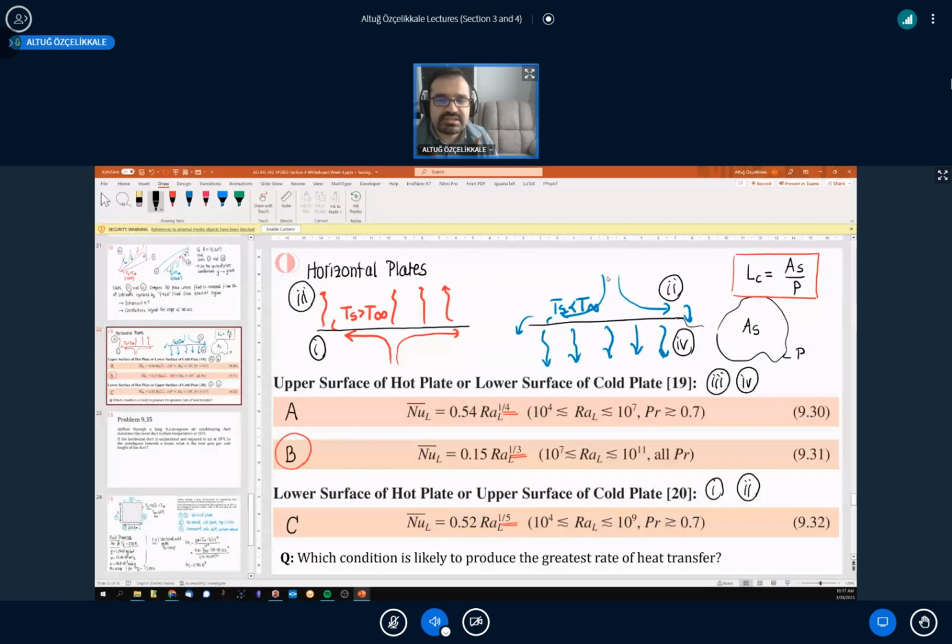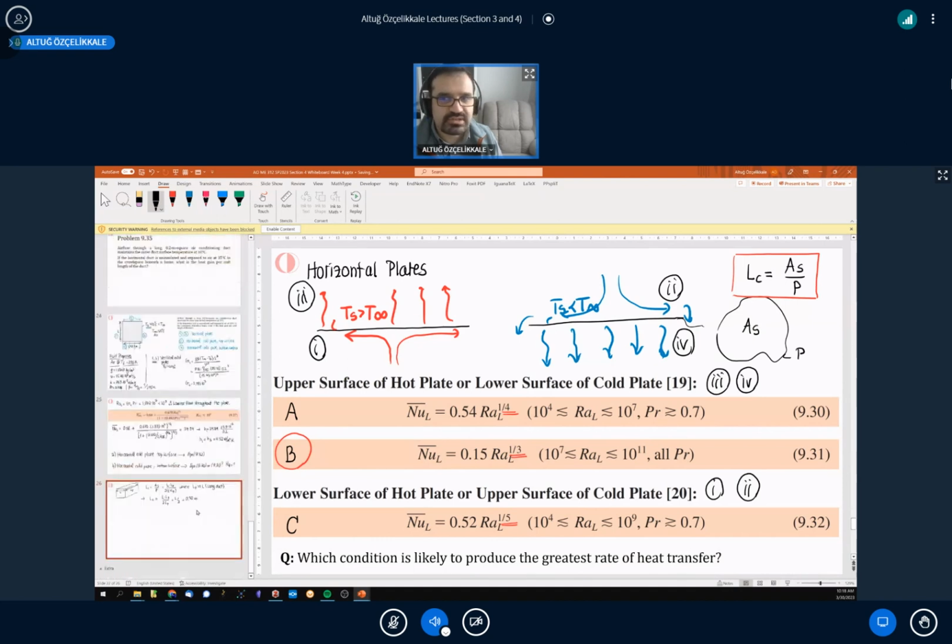So when we are using one of those correlations like 9.32, we are going to be using the Rayleigh number based on half the length of this plate. So it makes sense because as you see, when the flow structure forms, it is forming a boundary layer across half of the plate. So that's kind of the approximate understanding. Maybe you may want to remember that. That's not always true, but that's true for a long duct.